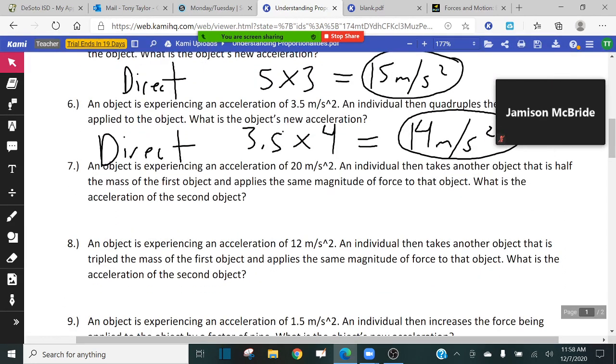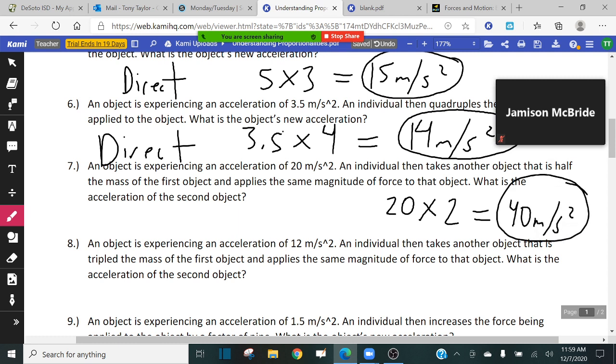As mass goes down, acceleration has to go up. So we need to take 20. Now, guys, you should know what half means. Half means you decrease by a factor of 2, so we must multiply acceleration by a factor of 2. So our new acceleration is 40 meters per second squared.